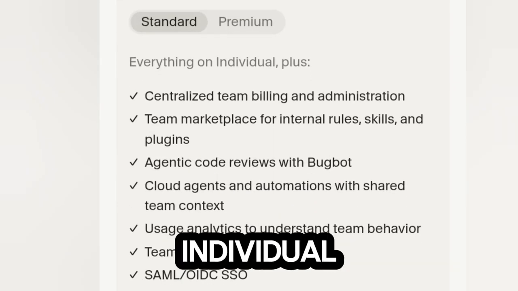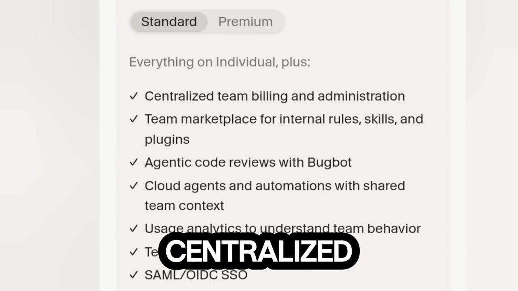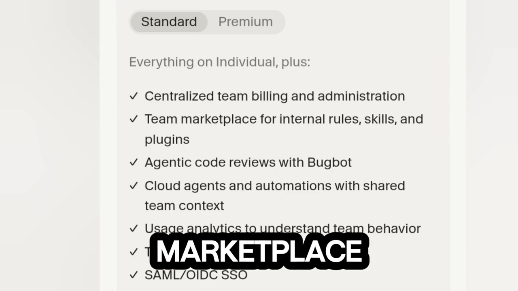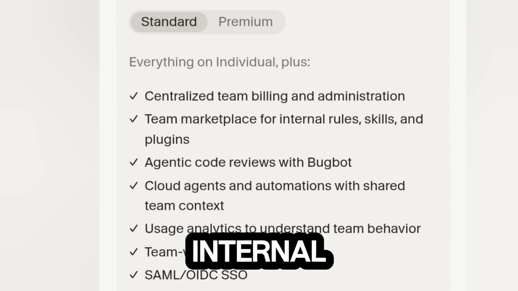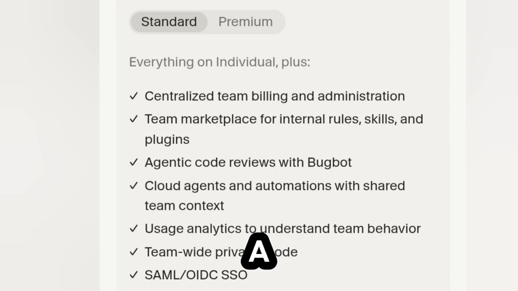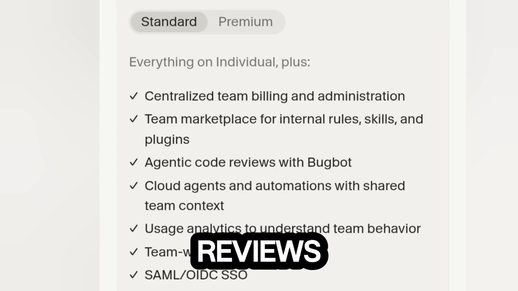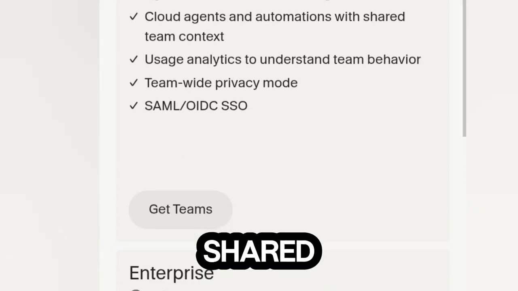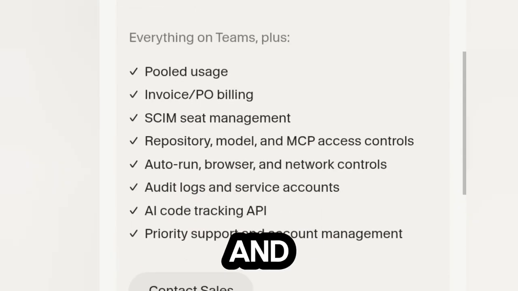So everything in individual plus centralized team billing and administration, team marketplace for internal roles, skills, and plugins. They also have agentic code reviews with bot. So they have the cloud agents and automations with shared team context. All right, and so on and so forth.